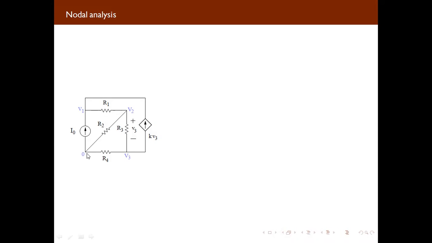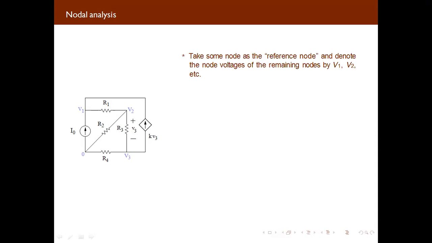So if we are supposed to use node analysis, we can make use of KCL. So we can say the node analysis method is based on KCL. If we have this circuit and we are supposed to use node analysis, we can see here, take some node as a reference voltage and denote the remaining voltages as V1, V2 and V3.